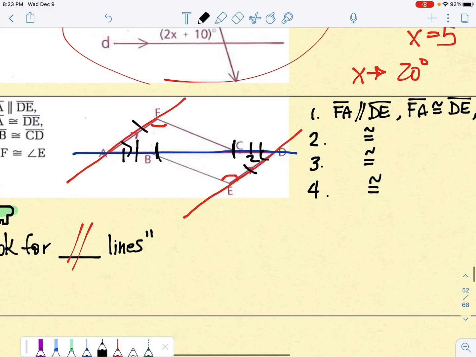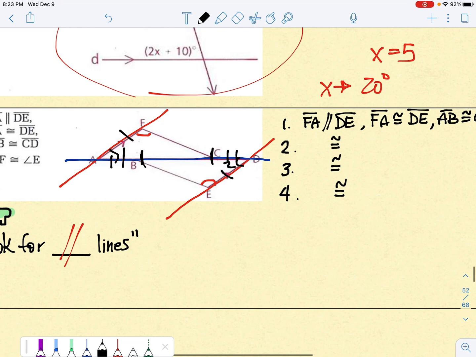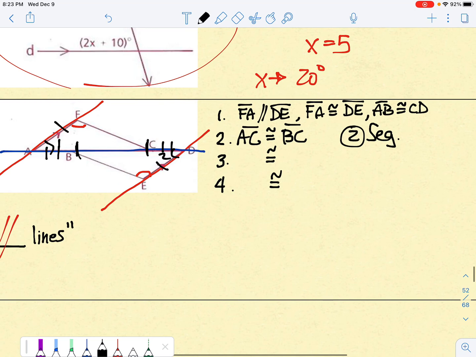So I think the first thing we can say out of the gates here is that AC is congruent to BD. And that's by the segment addition postulate that we had. In this case, I'm going to say segment theorem because I'm going with congruence.